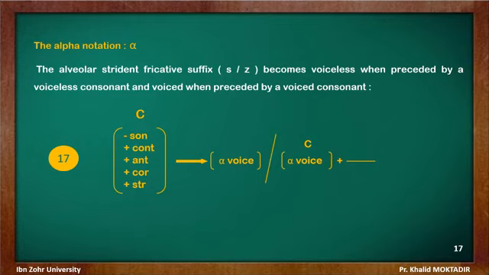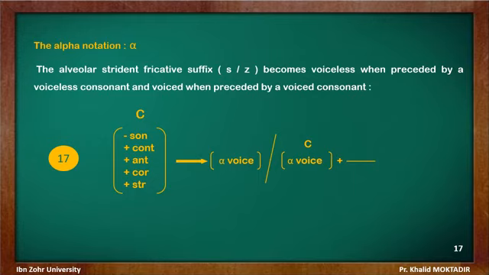So, we'll take another example. The alveolar strident fricative suffix s, z becomes voiceless when preceded by a voiceless consonant and voiced when preceded by a voiced consonant. We'll represent this rule like this. Minus sonorant; let's remember C stands for plus consonantal, minus syllabic.